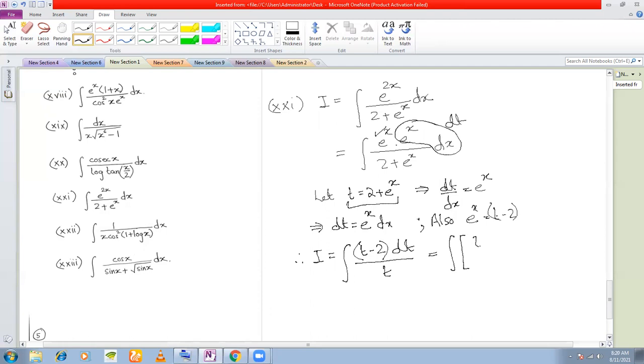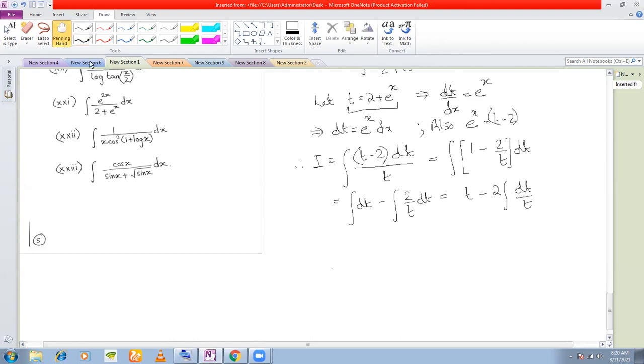So this becomes integral, if you separate, 1 minus 2 by t dt, which is equal to, now if you separate, integral dt minus twice integral dt by t, which is equal to t minus twice log t plus c.